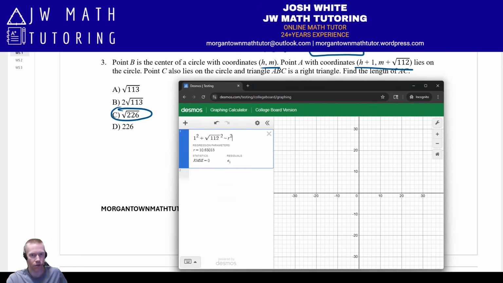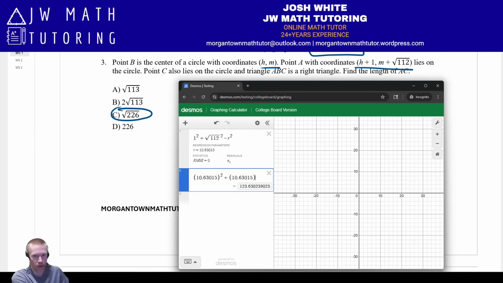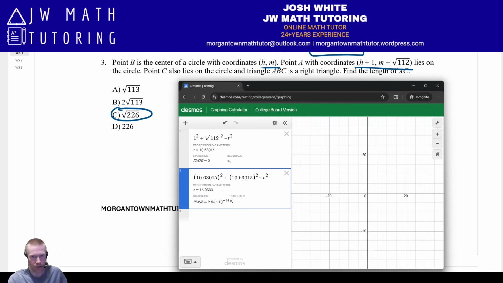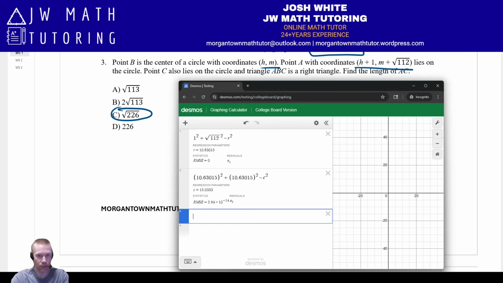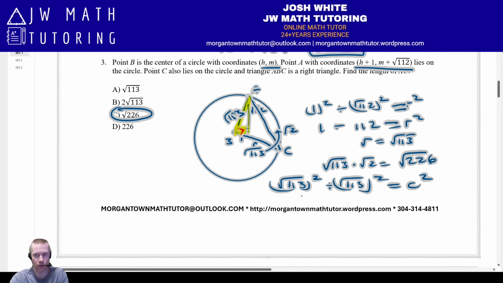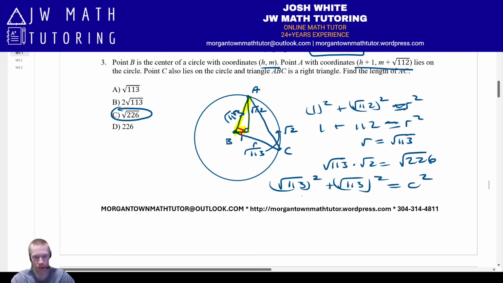Or again, an alternate way would be to just type this out, and this is a lot more work, a lot more time spent typing. Notice here, if you manually type it out, you still get very, very similar answers if you solve the equation. But you would still have to go through the answers, type them out, and see which expression is equal to this decimal value. So that's what you would have to do if you wanted to do all the calculations in Desmos.